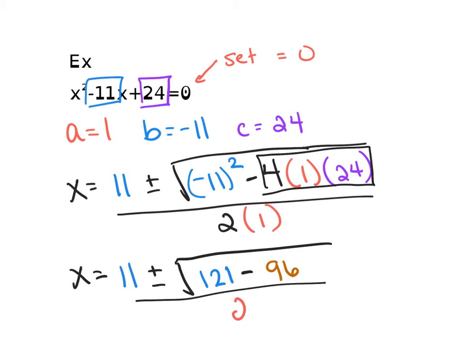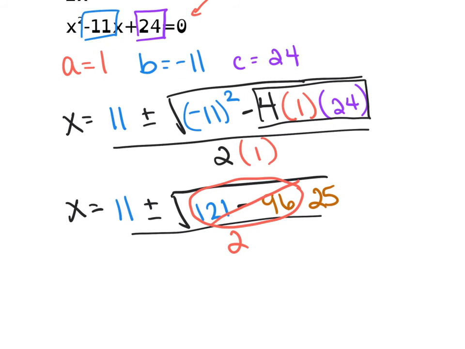So then we work on cleaning this inside part up even further. Now we're going to do 121 minus 96. And that's just equal to 25. So this inside part is really just 25. And so now here's what I have.